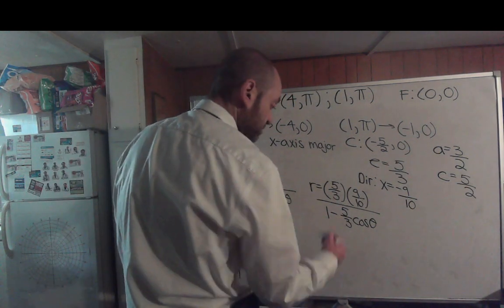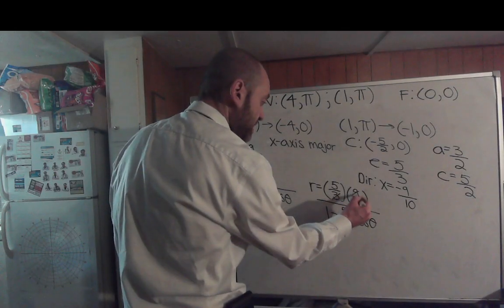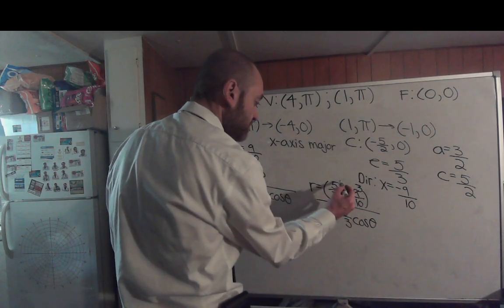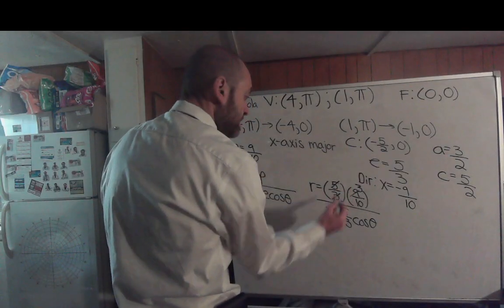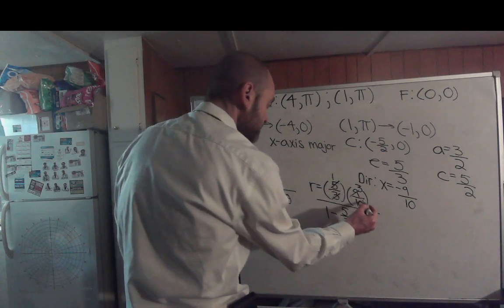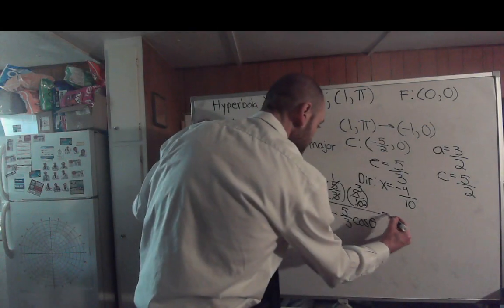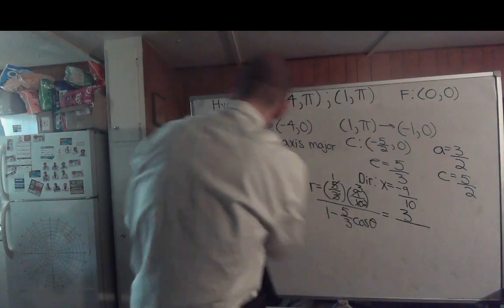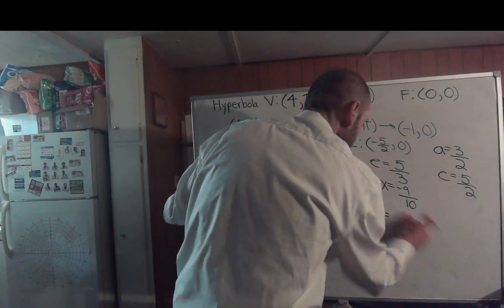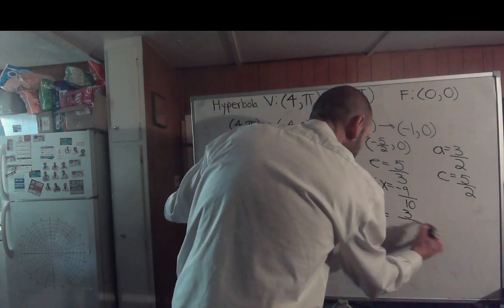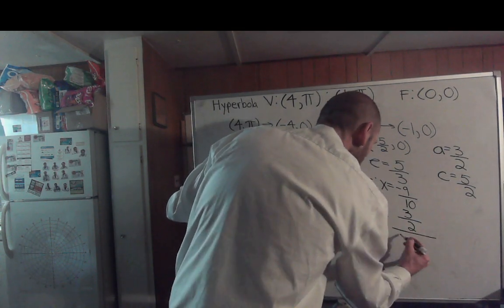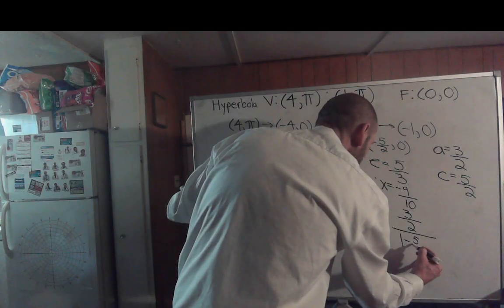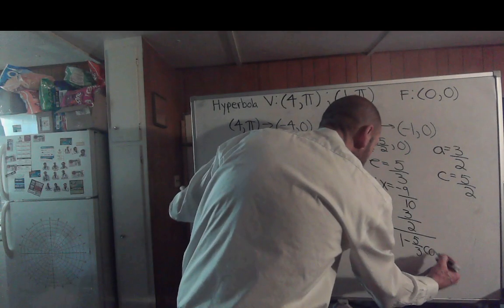Well, let's simplify this a bit. 3 goes into 9 3 times. 5 goes into 10 2 times. So this would end up becoming 3/2. This would become 3/2 all over 1 minus 5/3 cosine of theta.